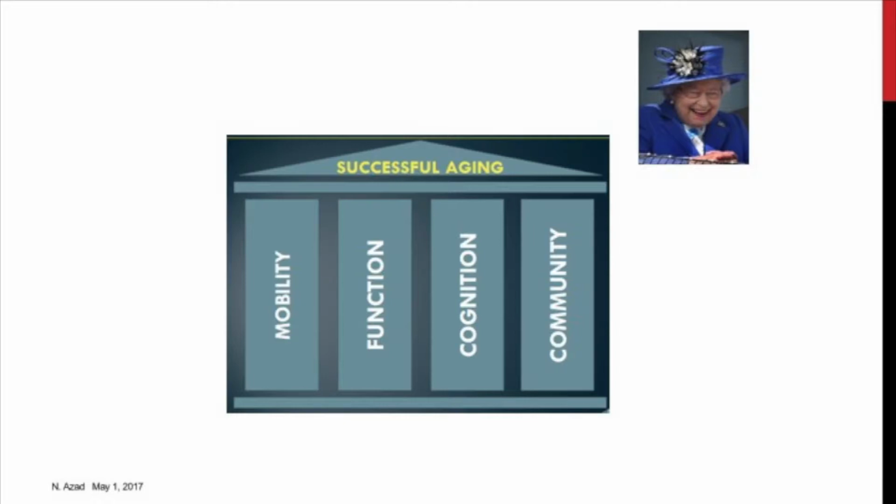There is not 1 minute of boredom in her life. So these are the foundations of successful aging: functionality, mobility, cognition, and community engagement. If we know these are the pillars, the question is, are we as providers doing it, and are we teaching our patients?